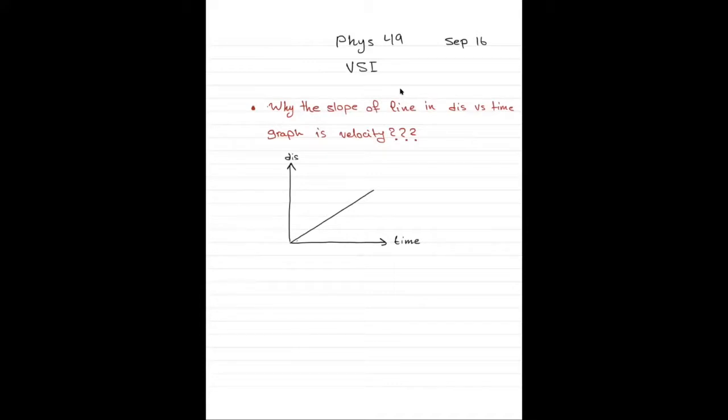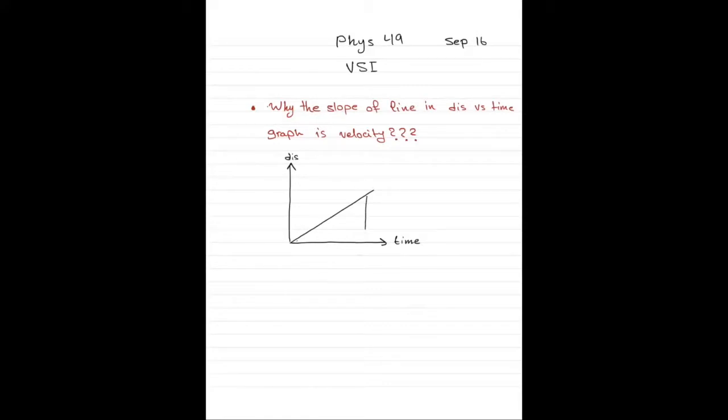Now our question is, why is the slope of the line velocity? Let's see how we can get the slope in the first place and how that would equal velocity. As we all know from our math classes, the slope of the line is the rise over the run.